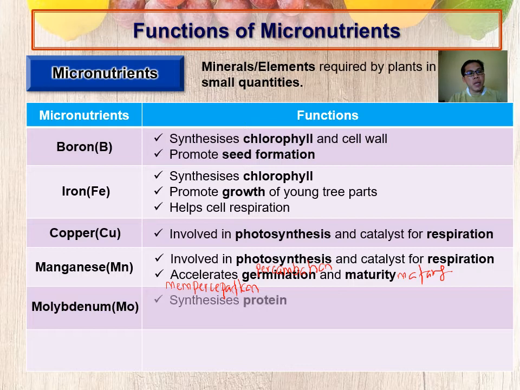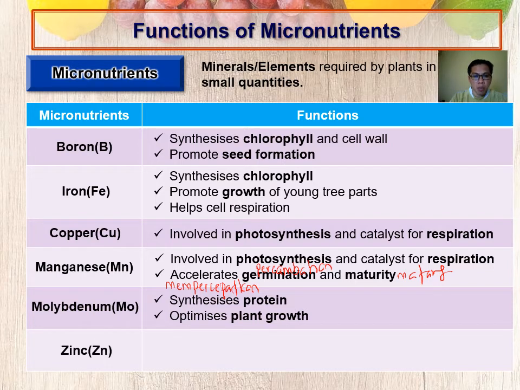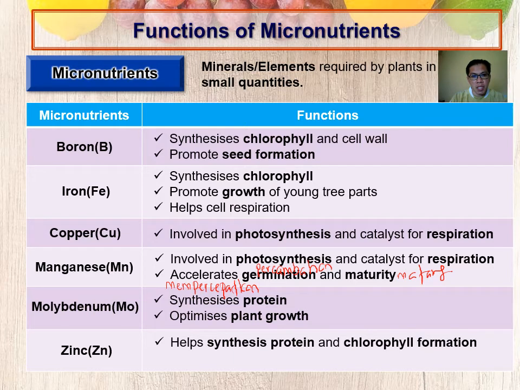Okay, molybdenum, Mo, synthesis in protein, optimizes plant growth, mengoptimumkan pertumbuhan pokok. And the last is zinc, help in synthesis chlorophyll and protein, help formation of leaf, membantu dalam pembentukan daun.